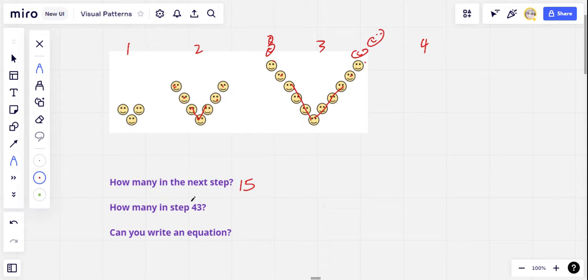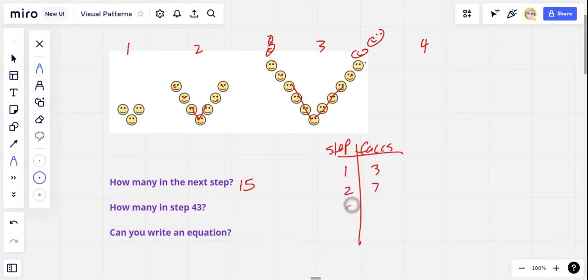Now, to get step 43, I think I want to write an equation first. It'll make it much easier. And to get that equation, I want to analyze the numbers. So let's do that. I'm going to put the step and the faces over here. So in step 1, we have 3 faces. In step 2, we have 4 more, so that's 7 faces.